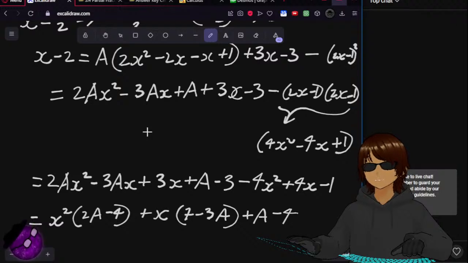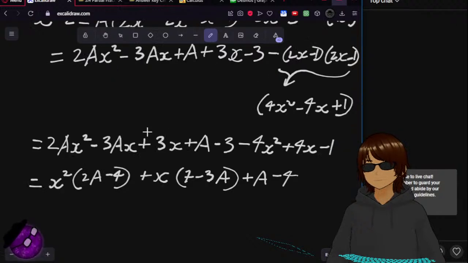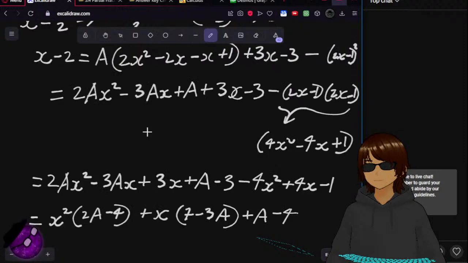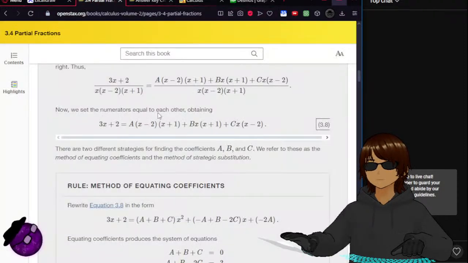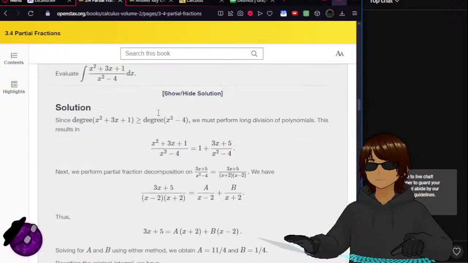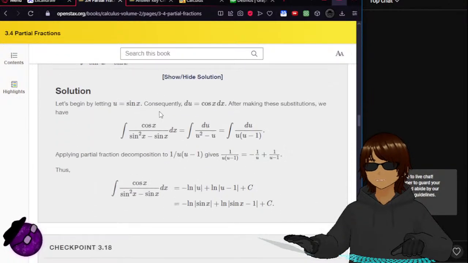I think a is 4 over 2. So then this will be 0. What is the actual answer?